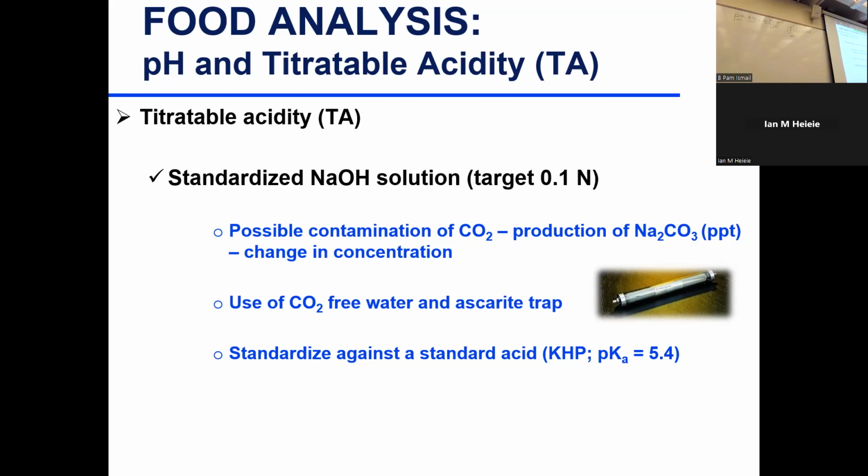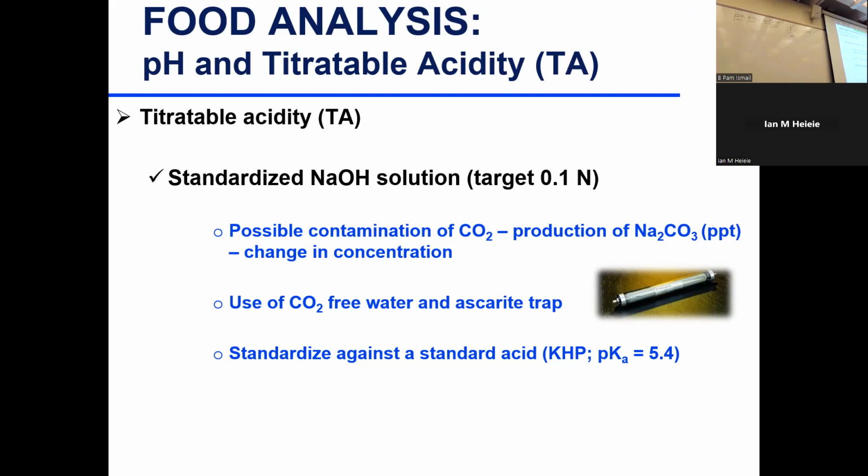So you will have a volumetric flask that has water that has been boiled, and then there will be a tube connected to an Ascarite trap, which is silica coated with NaOH. The NaOH is going to trap any excess CO2 you have in the headspace of that reagent, because you don't want any CO2 there.